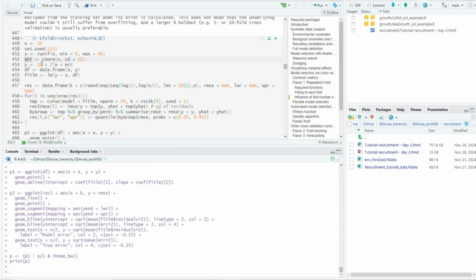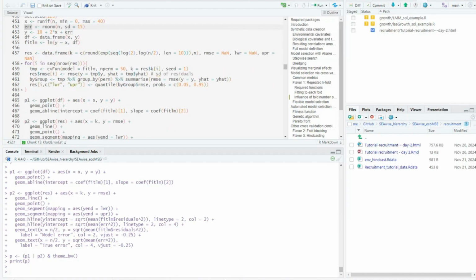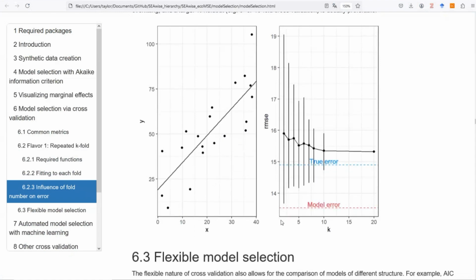So I know what the magnitude of the true error is in this data set. And since I know that, I'm able to then state what is the true RMSE of the error. I have the error that's coming out of the fitting of the linear model just by itself without any cross-validation. And you can see that it's actually below the true error.